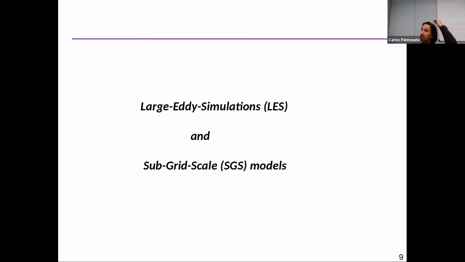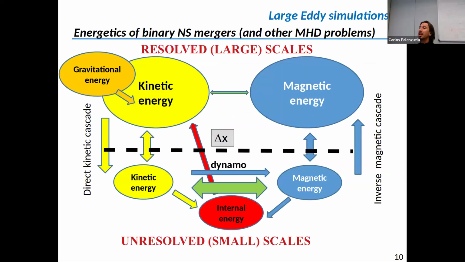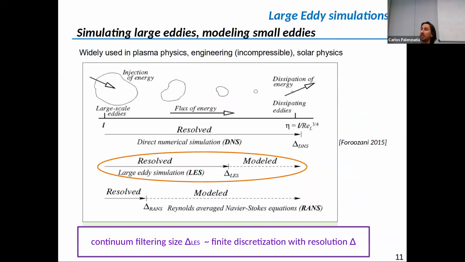Let me start with the Large-Eddy simulations and with the diagram that I drew before about the large scales, the small scales, and this cutoff scale that is given by the resolution of our simulation. And this is something that happens in binary neutron-star mergers, but also in many other MHD problems. It happens in the sun, it happens in many engineering problems. And what they do there is, well, there are different approaches.